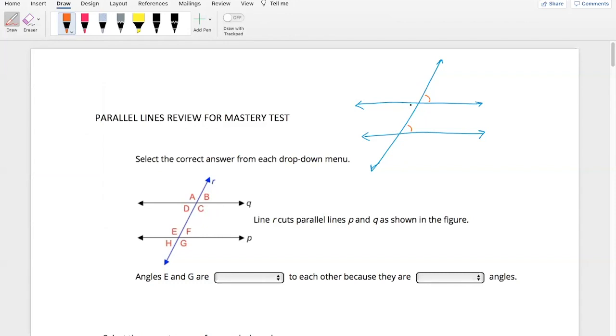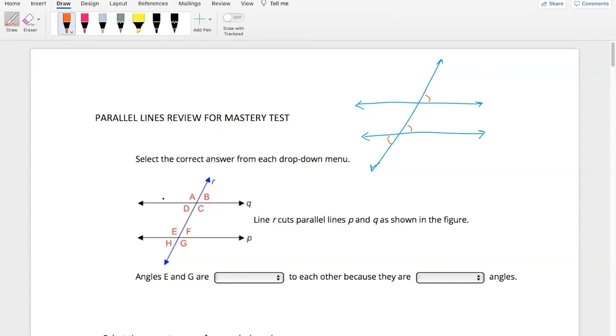The top left angles would be congruent. So if they're in that same location, we say that's corresponding and those angles are equal, congruent. Vertical angles are angles that are directly across from each other. So these two angles here would be vertical angles that are congruent.